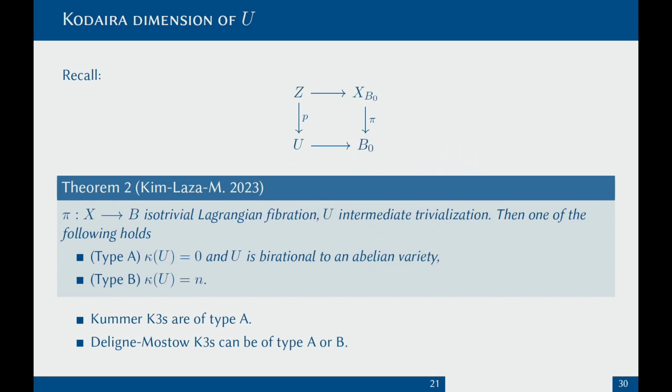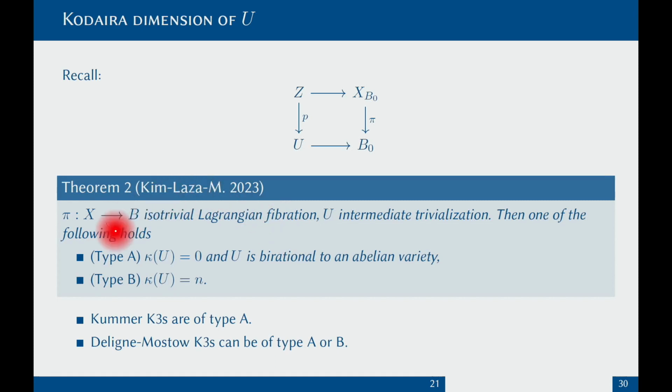In these cases, there's two possibilities for the Kodaira dimension of this base U. Either the Kodaira dimension of U is equal to 0, and U is birational to an abelian variety, or the Kodaira dimension of U is n. So either U is of general type, or it's birational to an abelian variety. There's no intermediate behavior between the two.